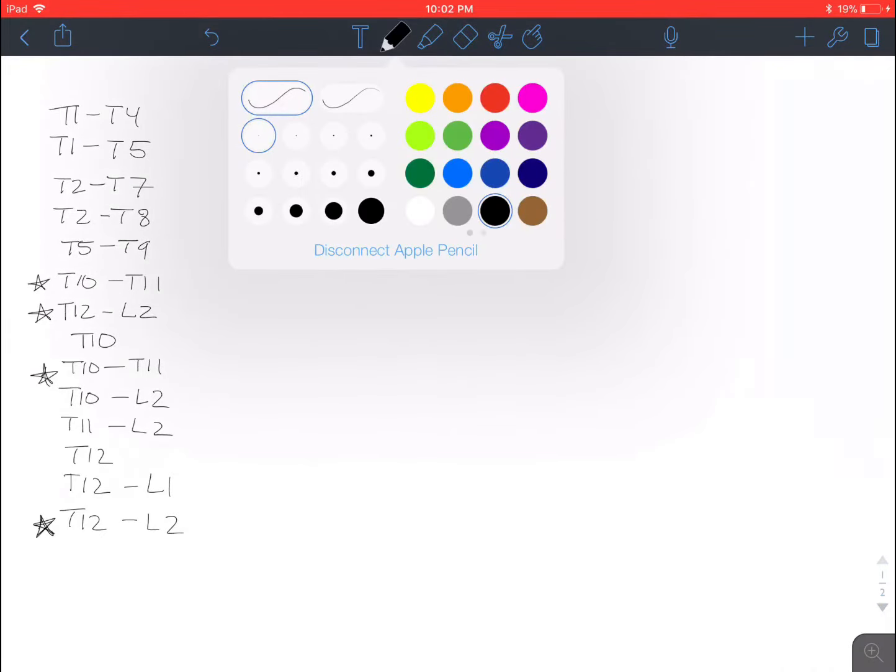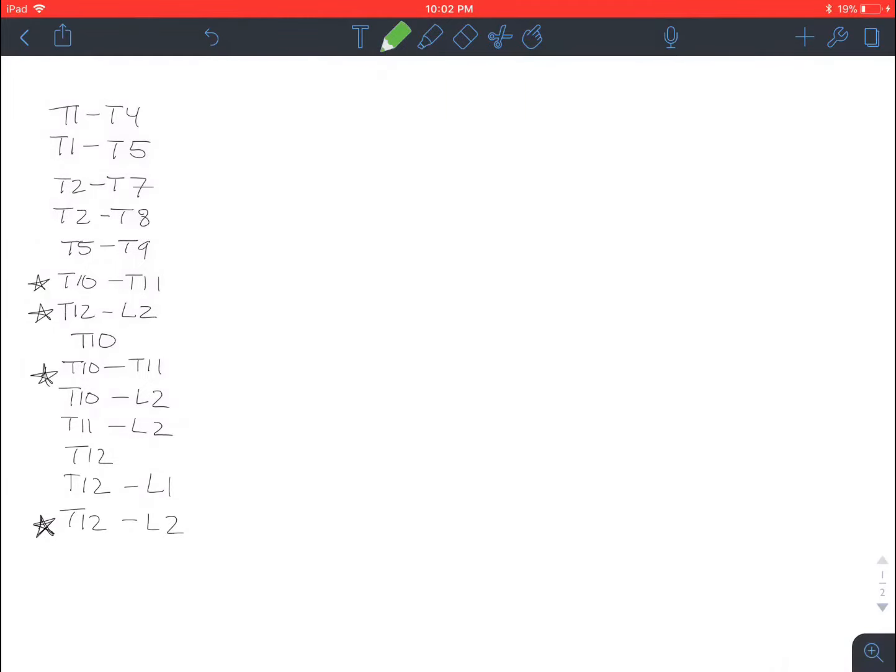Okay, so the next thing to do is to draw what they're innervating. So we'll use green.